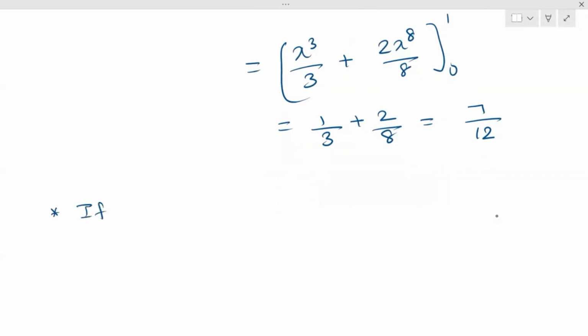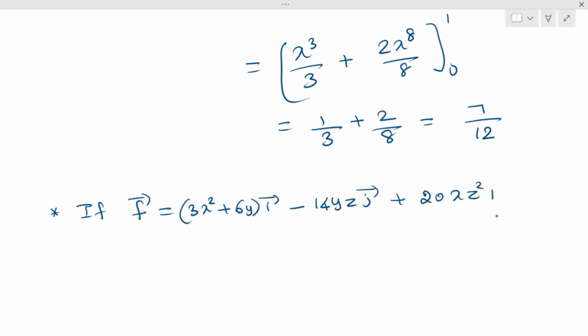Okay, the next problem is F vector equals (3x squared plus 6y) i minus 14yz j plus 20x z squared k.